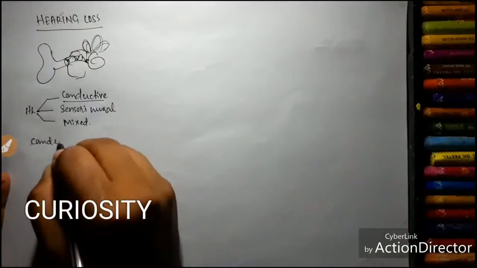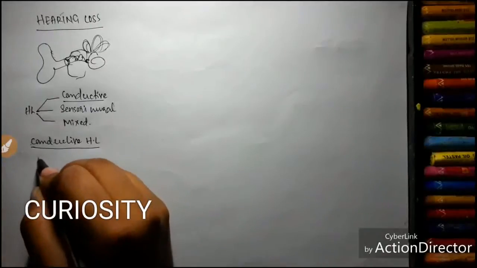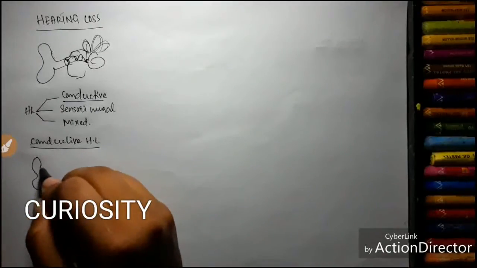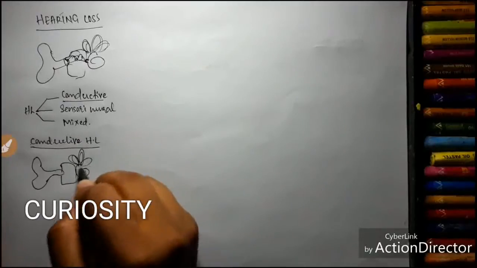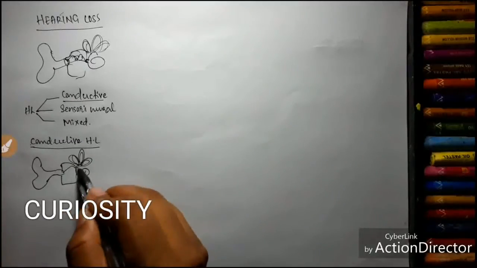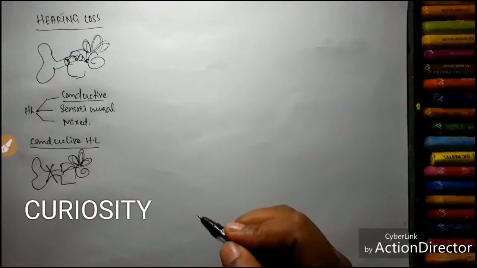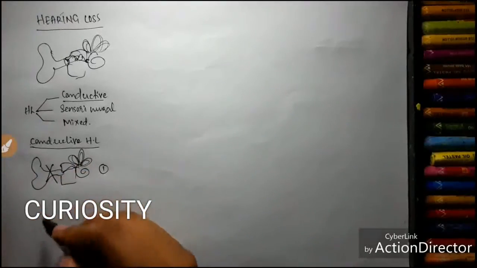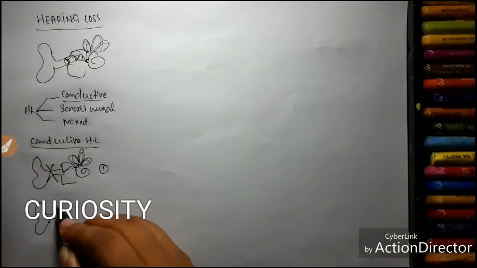Going on to detail of conductive hearing loss. Conductive hearing loss can be any problem that results from blockage to the conductive system that sends signal to the inner ear. So there are two conditions.